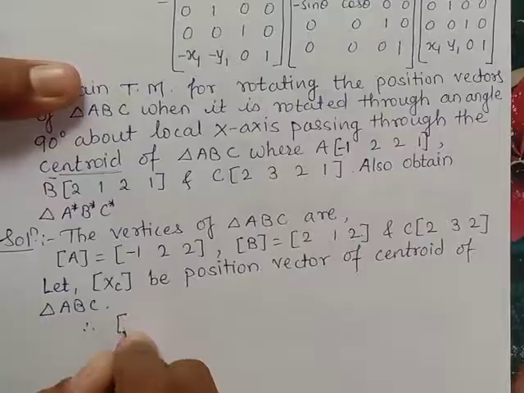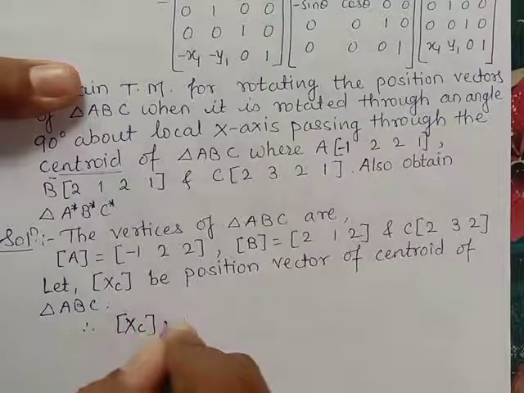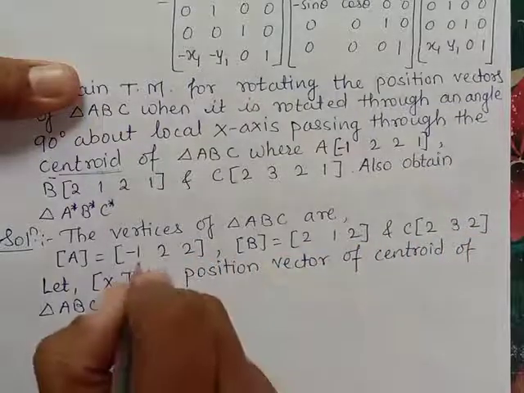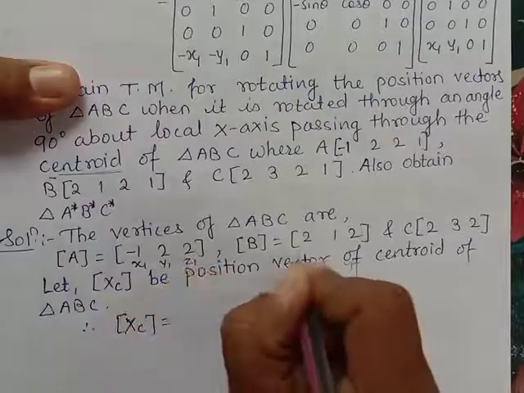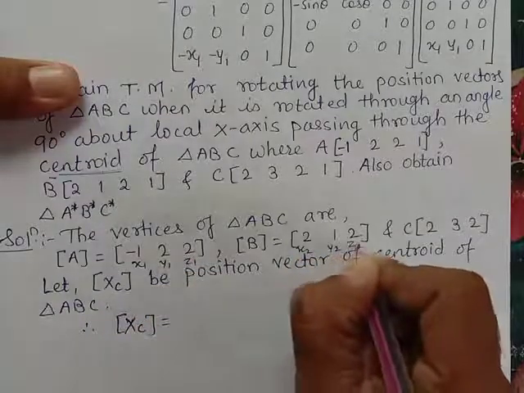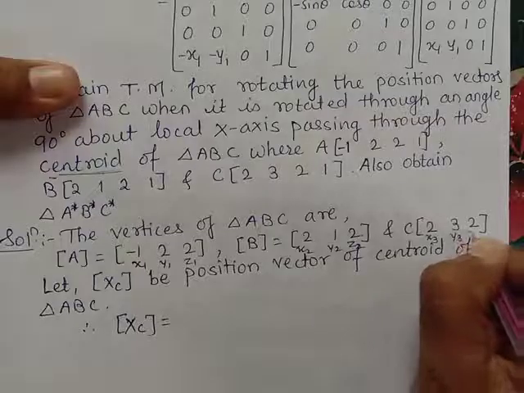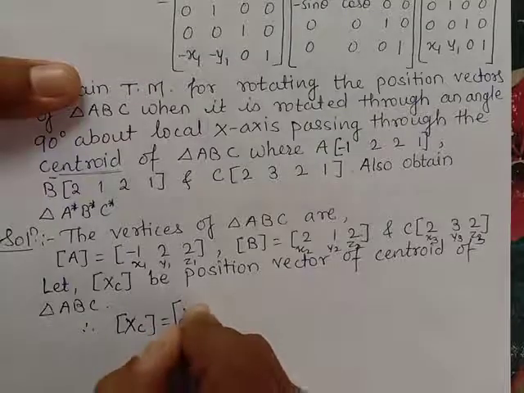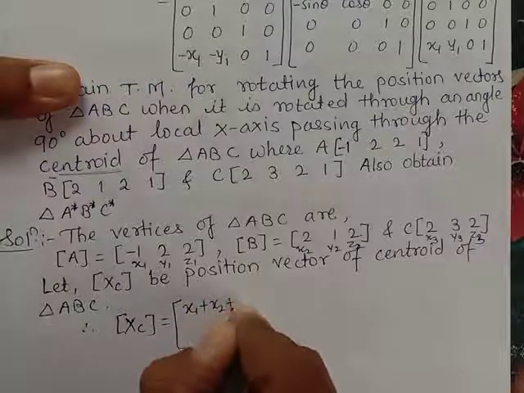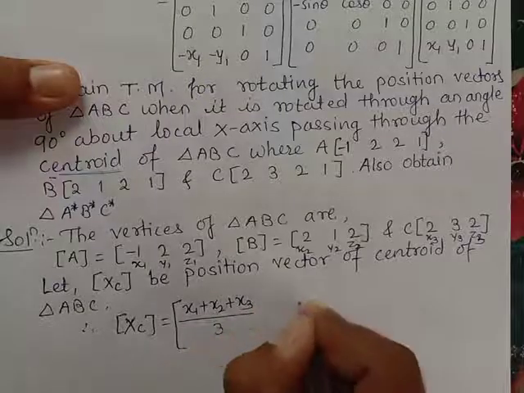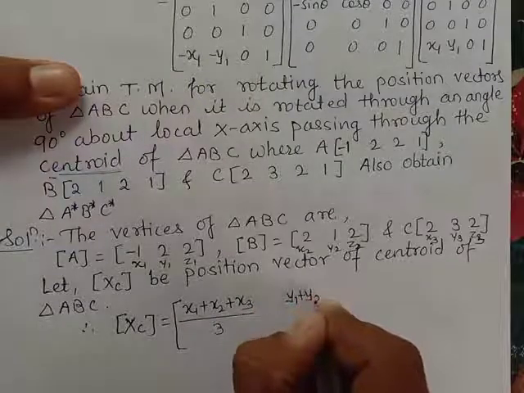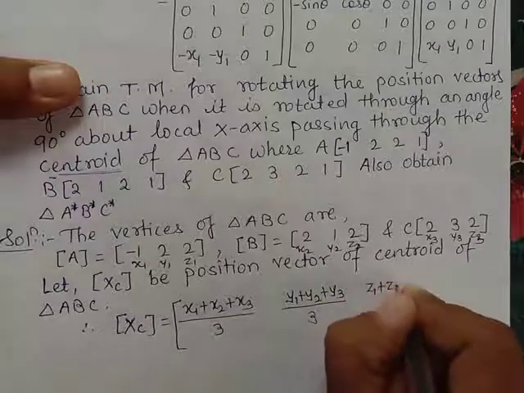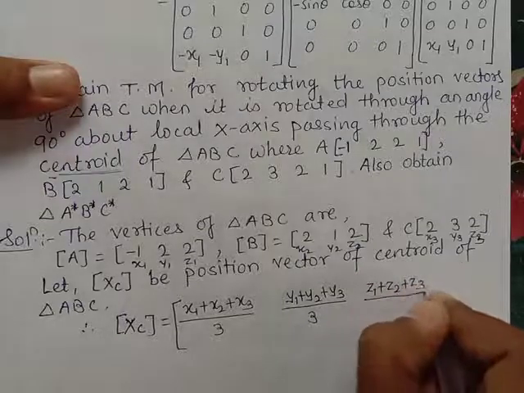Therefore, what is XC? The centroid, if the vertices are (x1, y1, z1), (x2, y2, z2), (x3, y3, z3), has the result: x1 plus x2 plus x3 upon 3, y1 plus y2 plus y3 upon 3, and z1 plus z2 plus z3 upon 3, right?